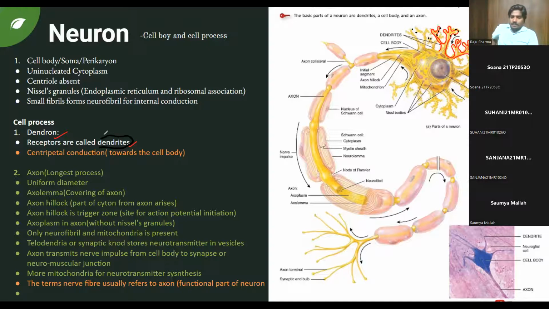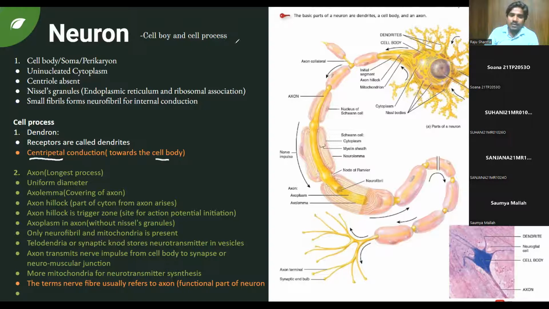Yes. चलो, तो एक नया concept, centripetal conduction. अपने again you all are aware about the different kinds of forces, centripetal and centrifugal. So in the biological context, the centripetal means what? Towards the nucleus or towards the cell body.